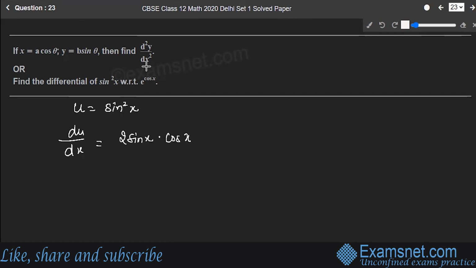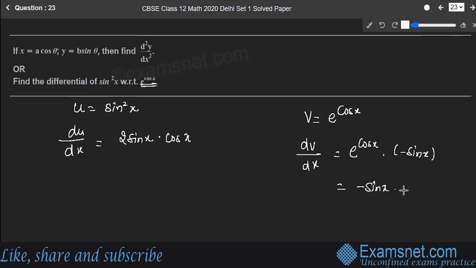And you have to find the derivative with respect to e raised to power cos x. Let's say that is equal to v. So dv by dx can be written as e raised to power cos x into the derivative of cos x, which is equal to minus sine x. So this makes minus sine x into e raised to power cos x.